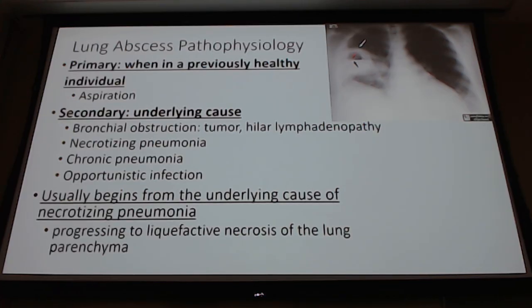They may be HIV positive, leading to those opportunistic infections. Usually, the underlying cause is necrotizing pneumonia, because we need that liquefaction necrosis of the lung parenchyma to actually form this abscess.